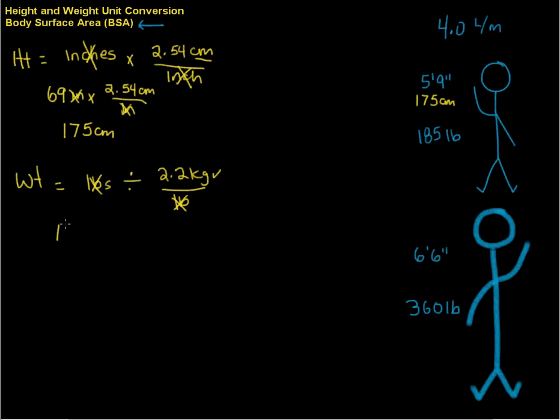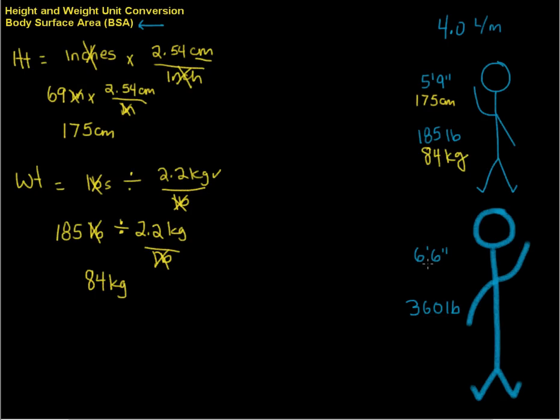So in this case, our 185 pound patient, 185 pounds divided by 2.2 kilograms per pound. Again, rounding off to a whole number, that will give us 84 kilograms, because our pounds will cancel each other out. So 185 pounds is 84 kilograms.